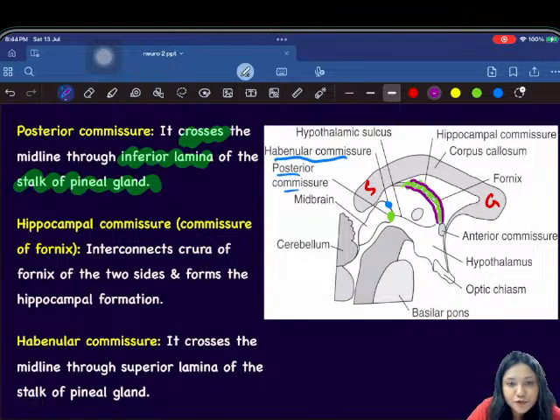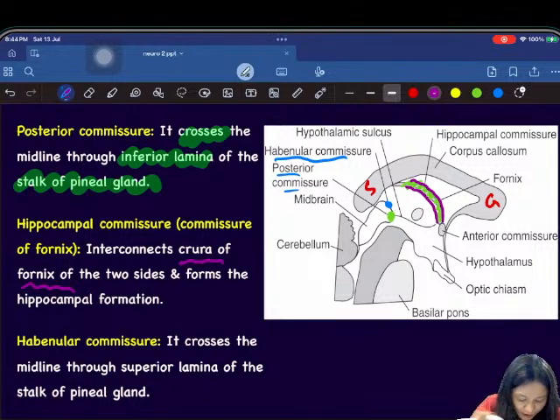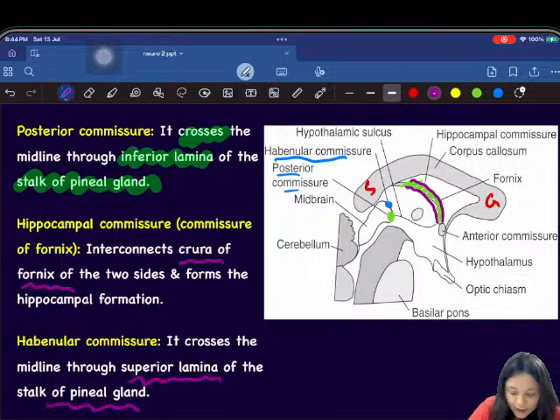It connects the two crura of the fornix of the two sides and forms the hippocampal formation. This is the connection between the two fornix. And the habenular commissure crosses in the superior lamina of the pineal gland, so the habenular is present in the superior lamina, and the posterior commissure is present in the inferior lamina of the pineal gland.